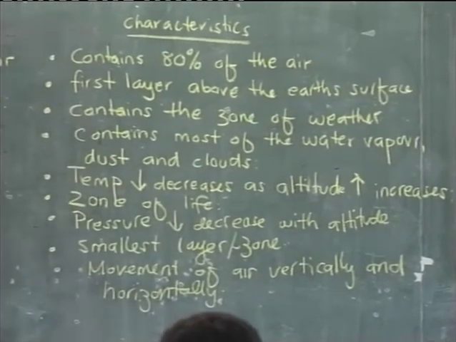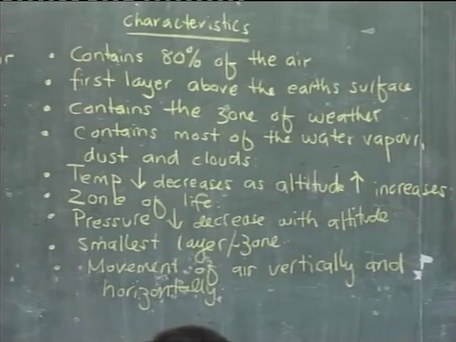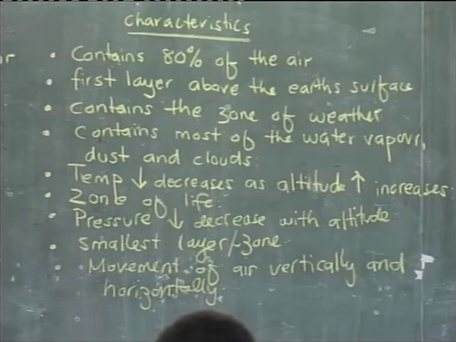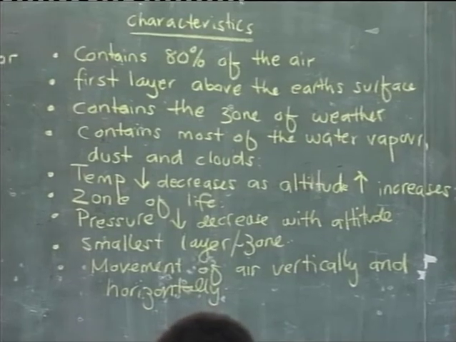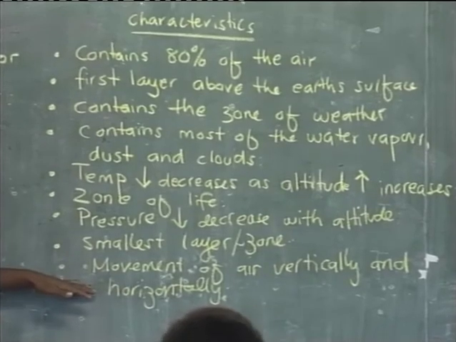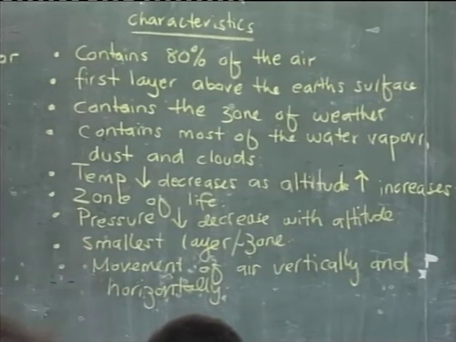Within this particular zone, air movement is vertical and it's also horizontal. When we come to the next layer, we are going to find that the air movement is mainly horizontal. So this point here is important.